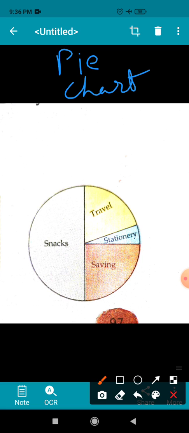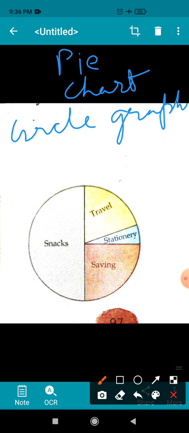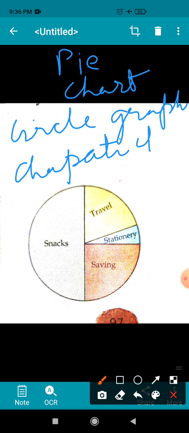Children, this pie chart is known as circle graph or chapati chart. Right?